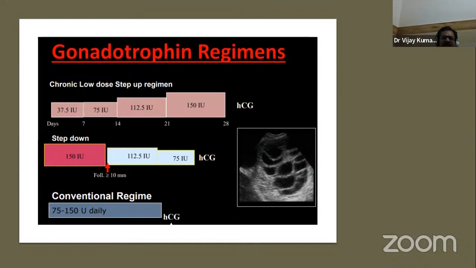So it is started with this 37.5 IU, and slowly it can be increased to 75, then to 112.5, and then ultimately about 150 international unit. This is because some of the patients who are non-PCOS patients and in whom we are using gonadotropins, for them it's better we start with the low dose so that they respond very well.